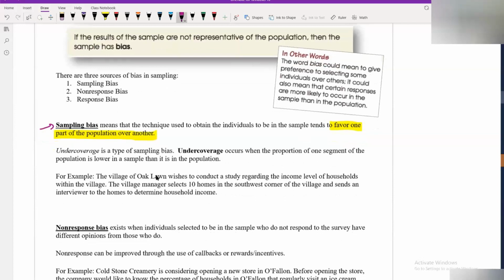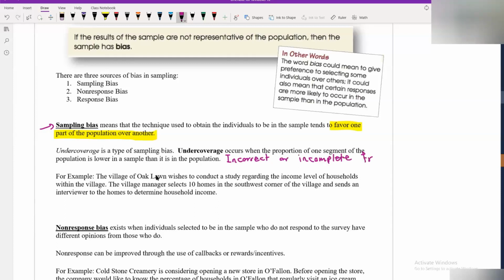On this part, we have under coverage. This is when the proportion, that means that we have to use division. So the proportion of one segment of the population is lower in sample than it is in population. When we have under coverage, that means that we have incorrect or incomplete frames.